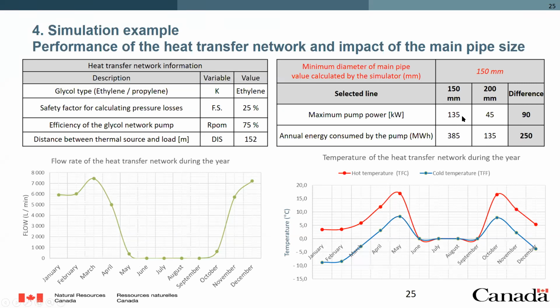In this case, for a minimum diameter pipe of 150 millimeters, the power of the pump required will be 135 kilowatts with a 25% safety factor. And the annual energy consumed by the pump will be in the range of 385 megawatt hours, which is an additional energy that is also considered.